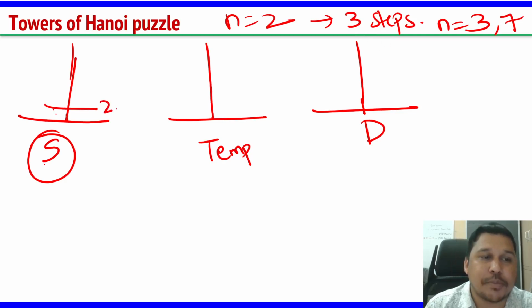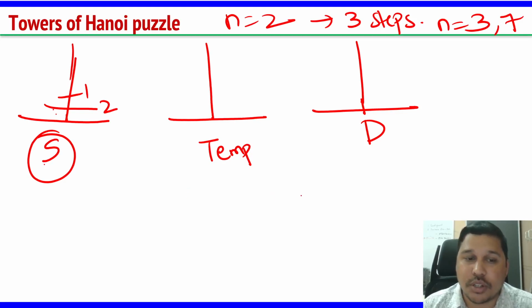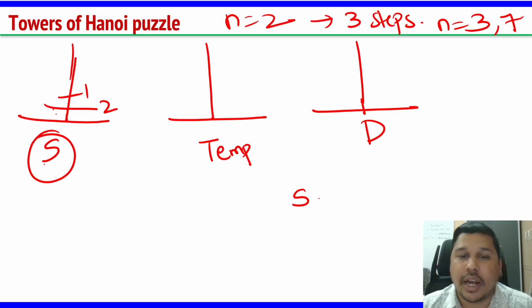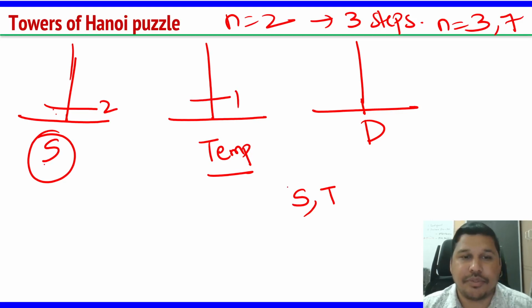Let us take 2 steps only. So from source I am shifting, my source is actually, what is my destination here? Destination is T, okay. Why? Because 1 I am bringing here, this is my source, this is my destination, this is my temporary.